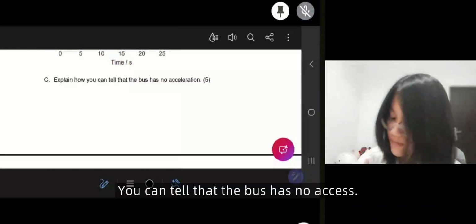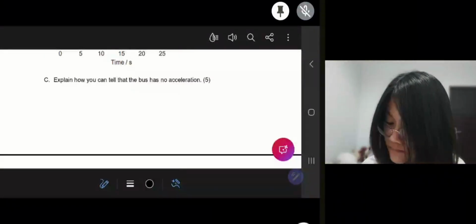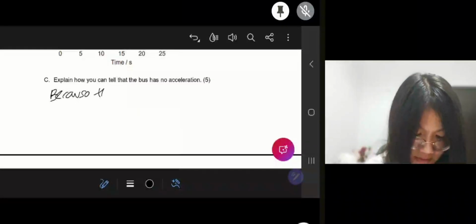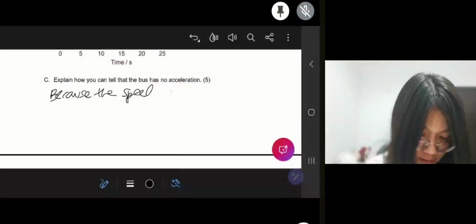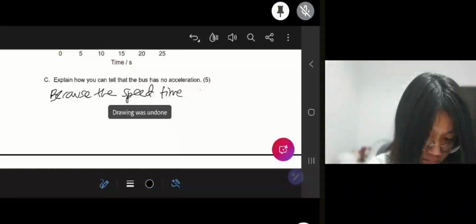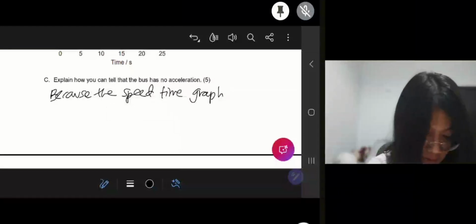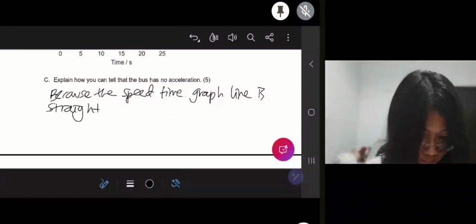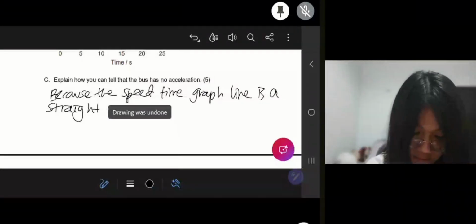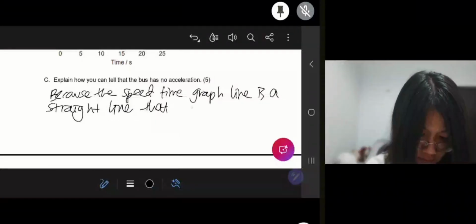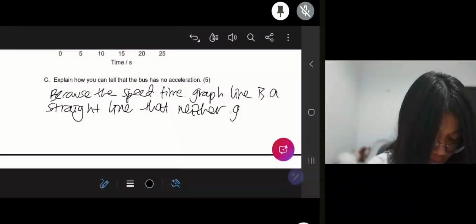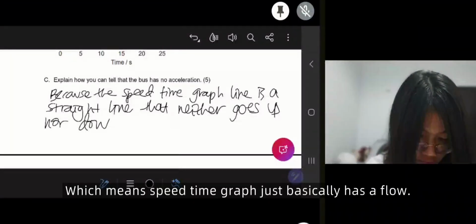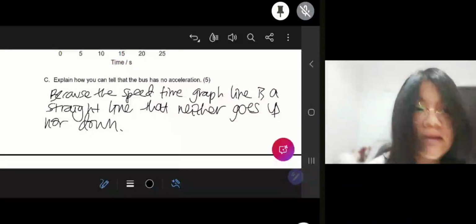So, we can tell that the bus has no acceleration because the speed time graph line is a straight line that neither goes up nor down, which means the speed time graph just basically has a flat line.